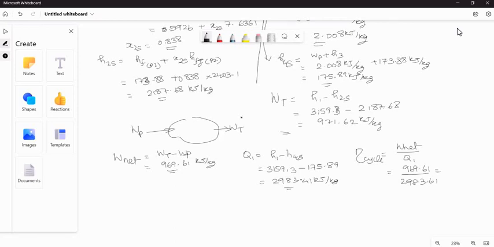Maybe I think this is 32.5 percent. So that is the cycle efficiency. For the first question, cycle efficiency and the net work output. That is the first question, right? It is over now, right?